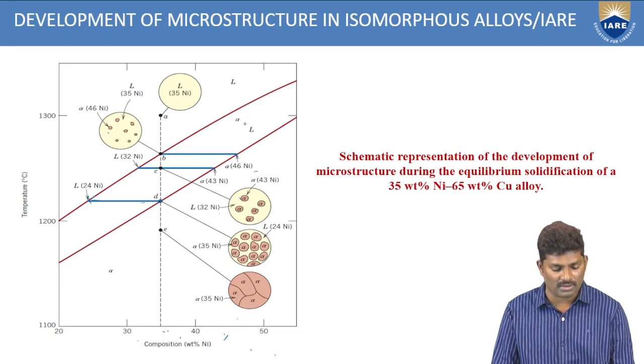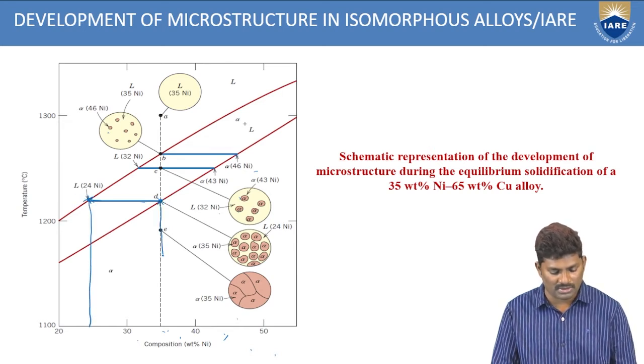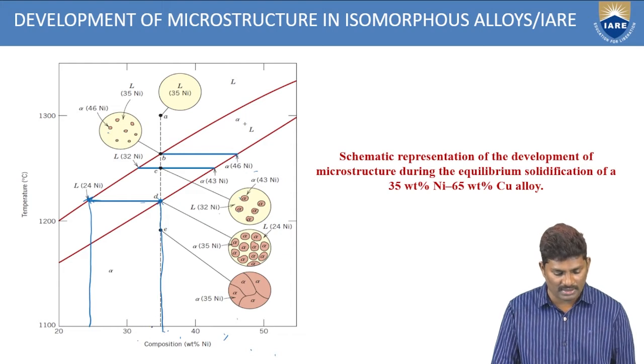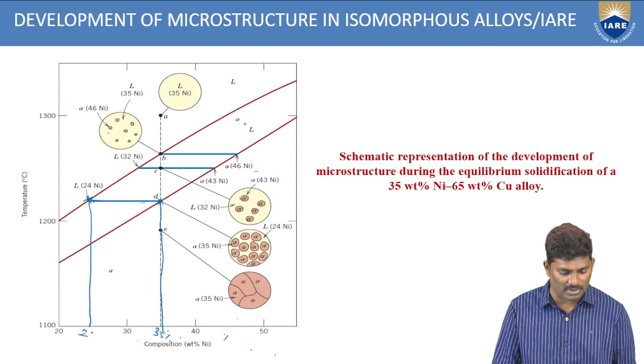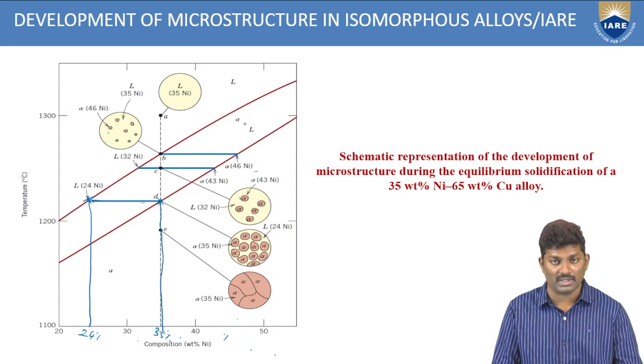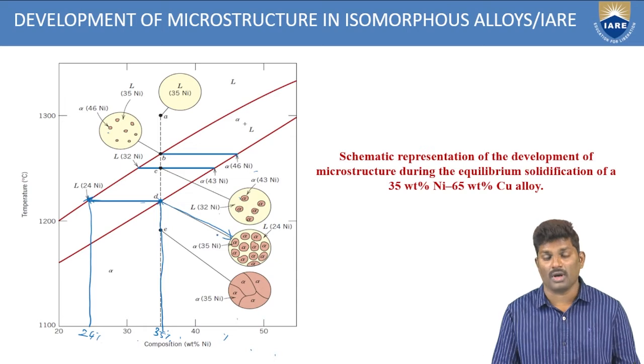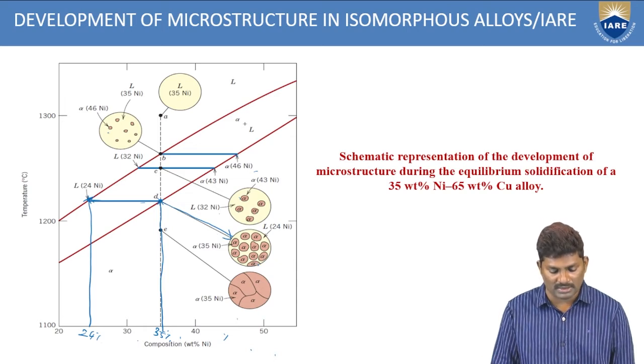Again you get one junction here, another junction here. So slowly drop a perpendicular at this point, and along this point. Here you are getting 35%, and here you are getting some 24%. So the same thing you are writing here, 24% of nickel, and what is the value here? 35%.